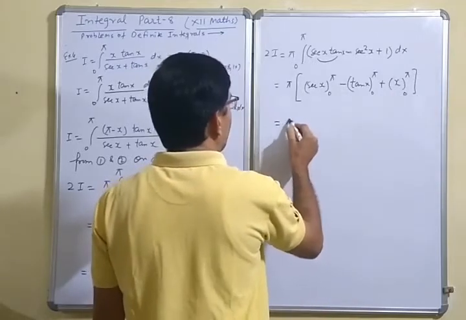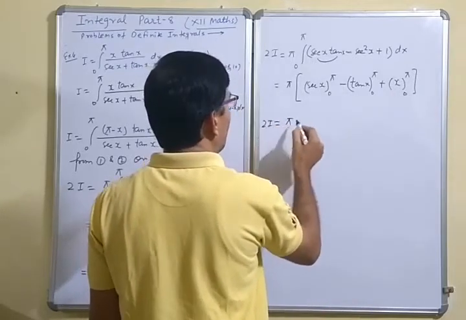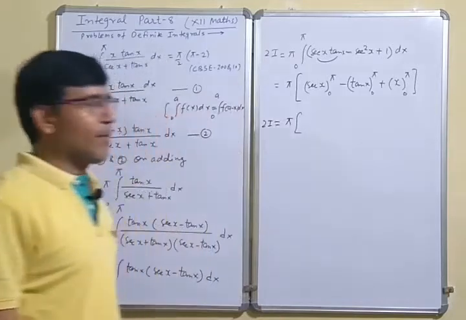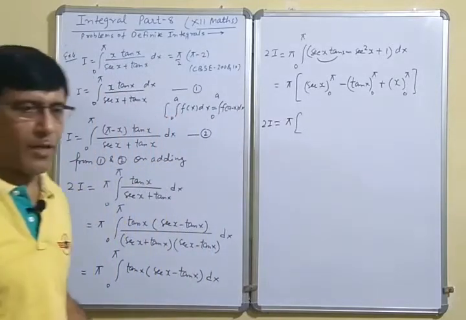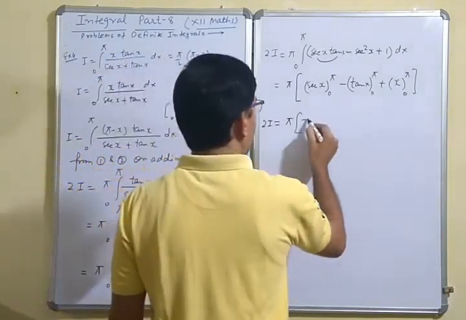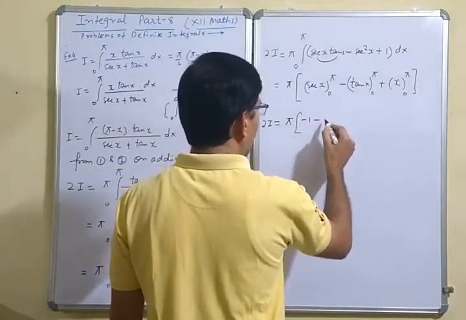So what it becomes, 2I is equal to pi times: sec pi is minus 1, minus sec 0 which is again 1.